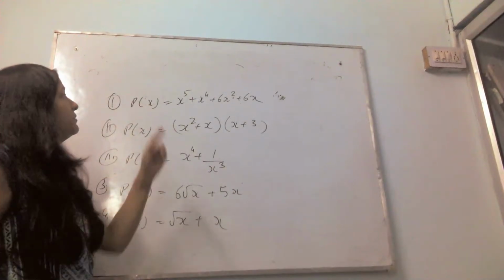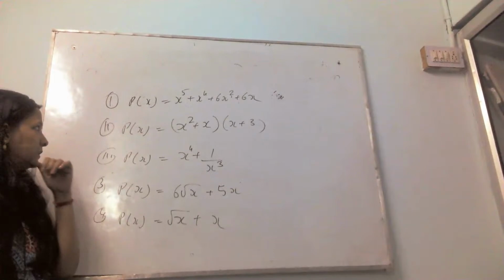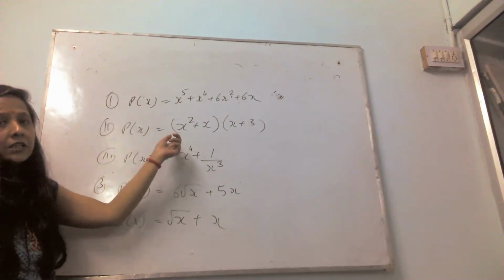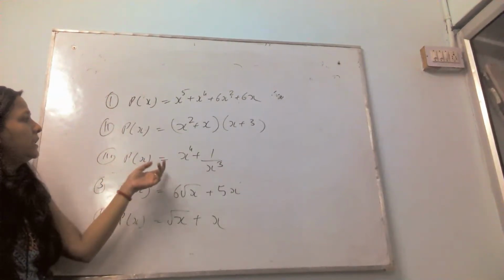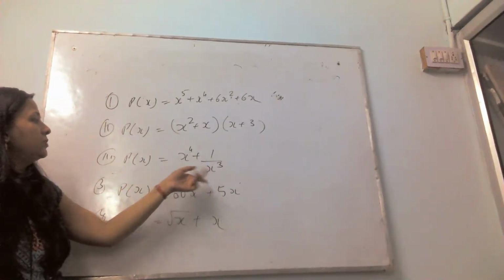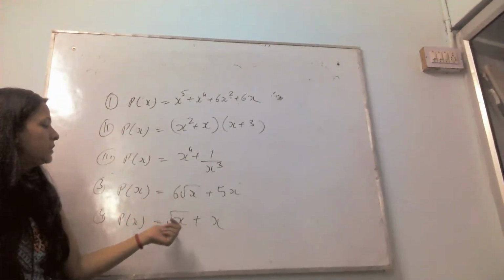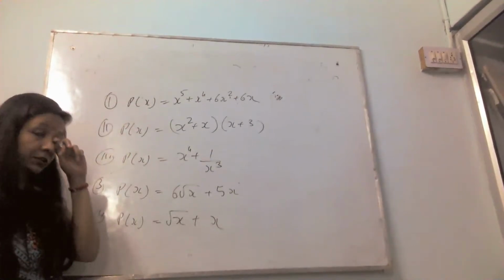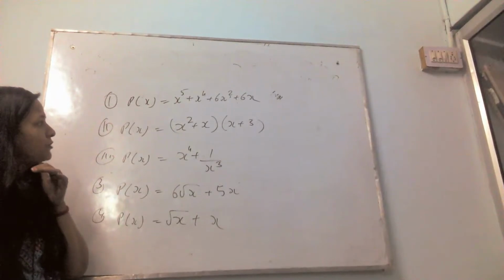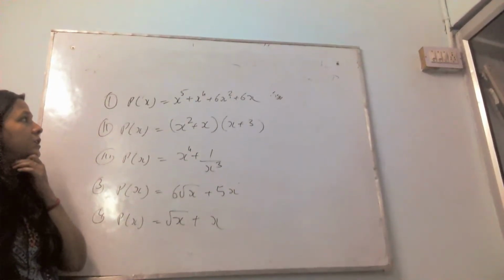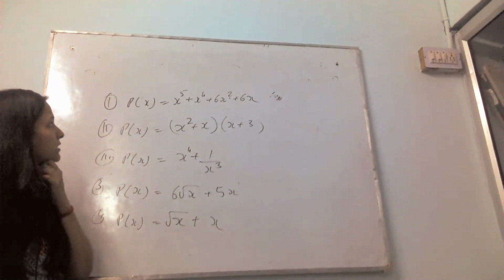First is x to the power 5 plus x to the power 4 plus 6x square plus 6x. Second is x square plus x plus 3. Third is x to the power 4 plus x to the power 3. Then 6 to the power x plus 5x root x plus x. I am giving you 2 minutes, just go through it and find your answer, then match it with my answer, then you will know how much you understood. And also send me the pic for the same on WhatsApp.